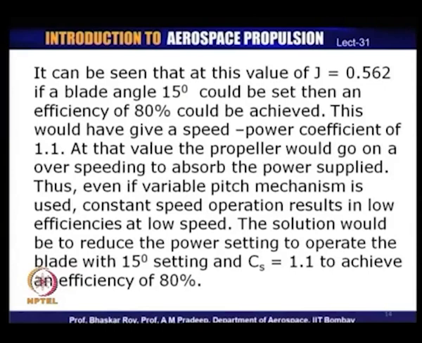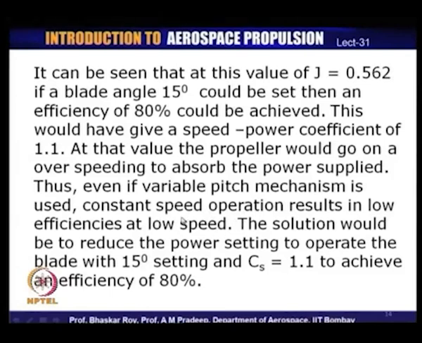So the alternative operating condition at low flying speed would actually require a variable pitch mechanism, and this is where the variable pitch mechanism and its utility really comes in. The variable pitch mechanism can now be used, and you can go outside the constant speed operation so that you can get a higher efficiency.